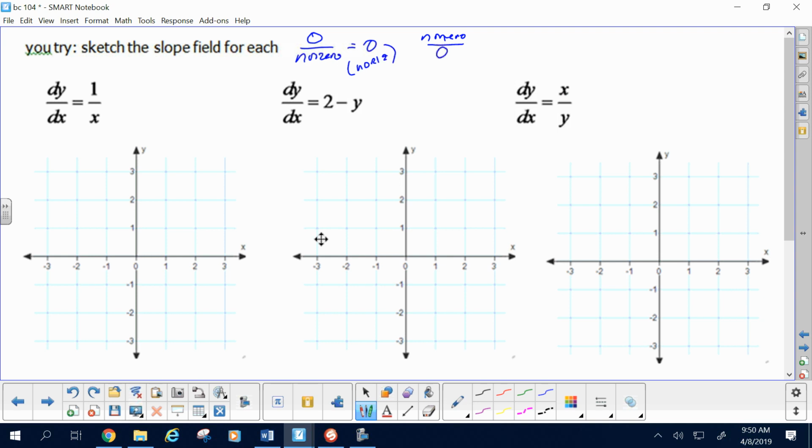If you see a 0 in the bottom, that's actually a vertical slope. Undefined, yes, but you do draw a slope there, vertical. And if you get 0 over 0, you should graph nothing because there is nothing to do there. Okay? So go ahead.